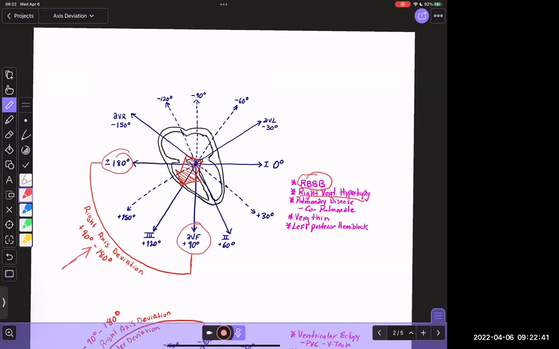Remember, we talked about our grades and averages. If you have an extremely low grade, that's going to pull your grade in one direction. Well, you have something happening here that is an extreme increase in force. So that's going to shift your axis rightward.